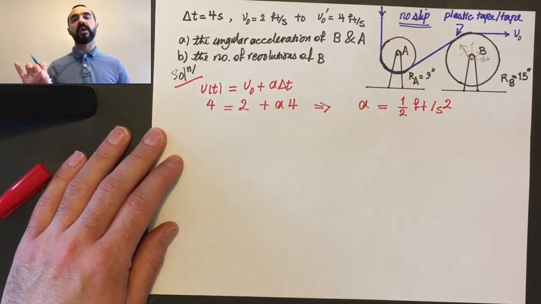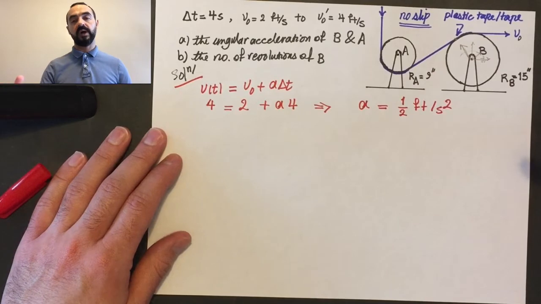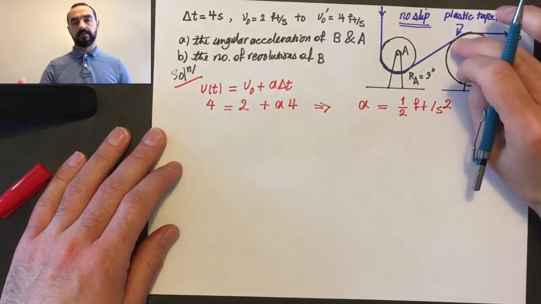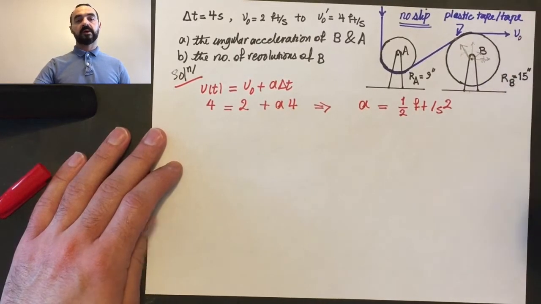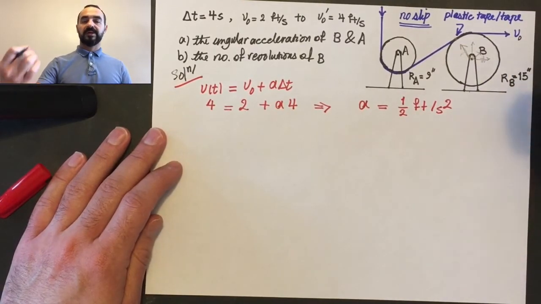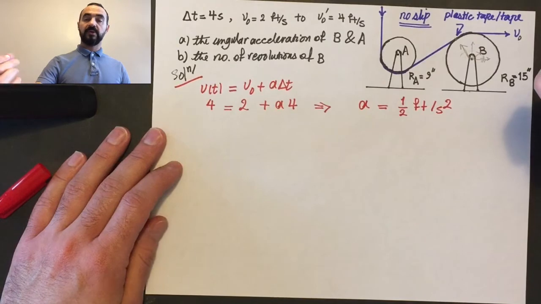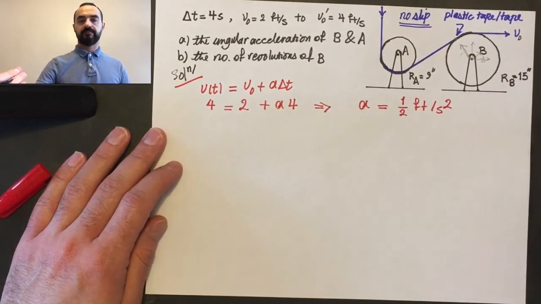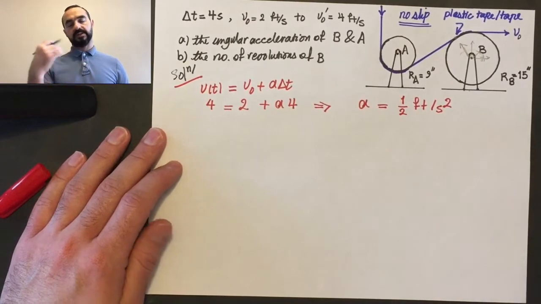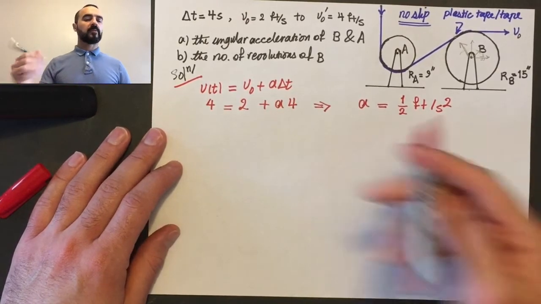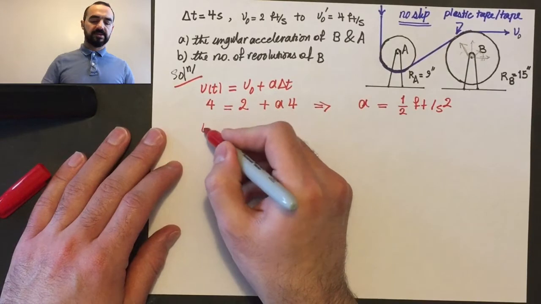If you think about the wheel as your rigid body, then any point on the circumference of this wheel has two acceleration components: a tangential acceleration component and a centripetal acceleration component. So what was our tangential acceleration component?